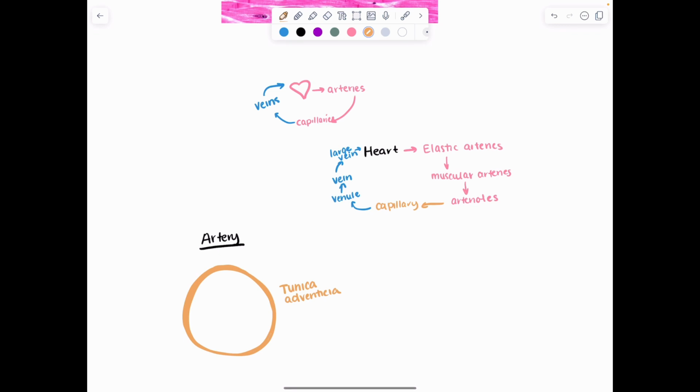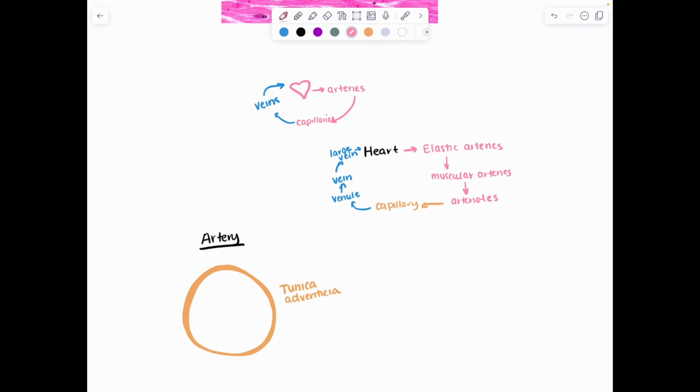We also have a little bit of endothelium, and we talked about endothelium in the past in our second lab. Sorry, I said endothelium here, not endothelium here. On the inside, we're going to have endothelium. That was my bad.